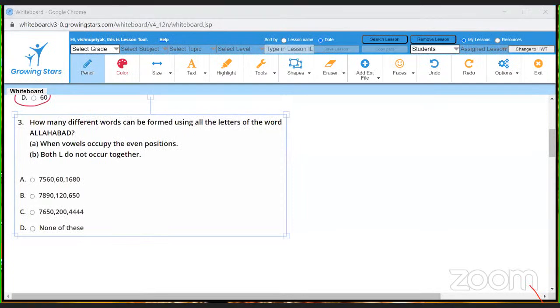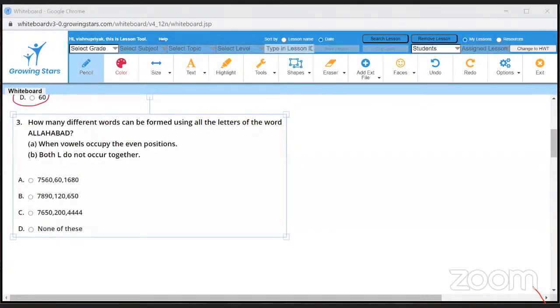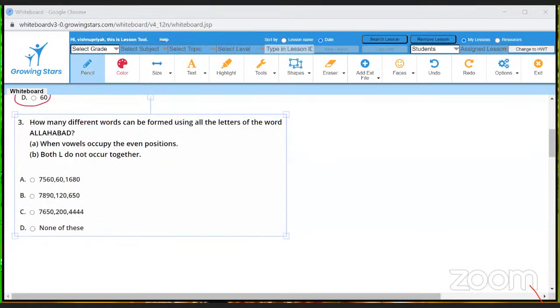How many different words can be formed using all the letters of the word Allahabad? First question, no condition. In Allahabad, how many letters are there in total? 3, 6, 9.